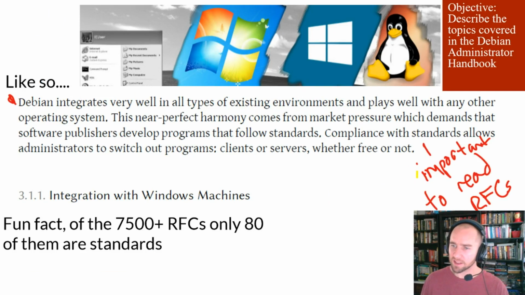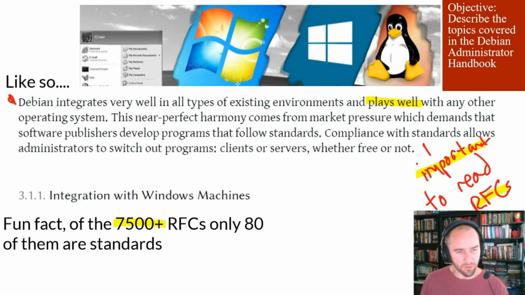I said that it is important to read RFCs because eventually they talk about how compliance with standards allows administrators to switch out programs, that is clients or servers, whether free or not. So a basis to this statement of Debian playing well is because the meritocracy people, those who are contributing, they read their RFCs. And I have quite a few videos on RFCs.